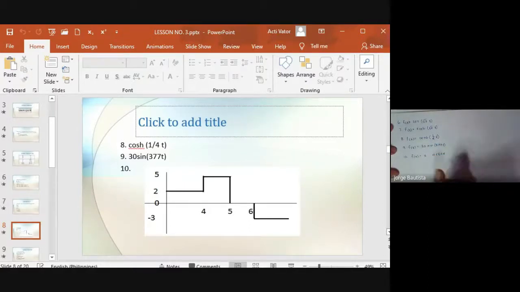Tapos, ang height niya ay 5, meron siyang limit na 4 to 5. Yung 0, meron siyang limit from 5 to 6. And yung negative 3, meron siyang limit na 6 to infinity. Okay? So, stop share this.